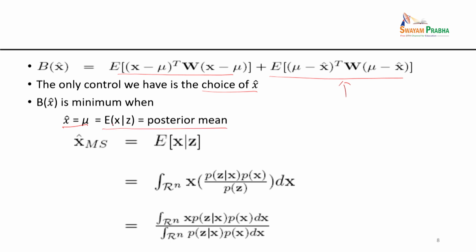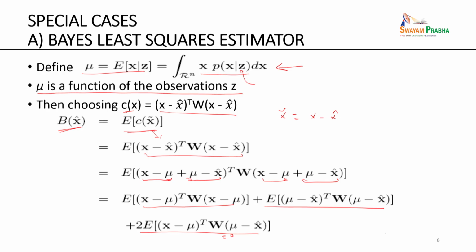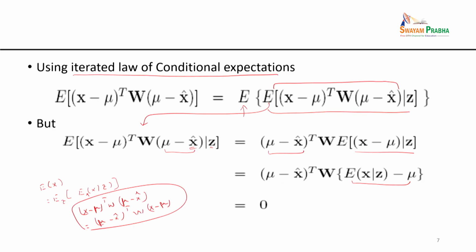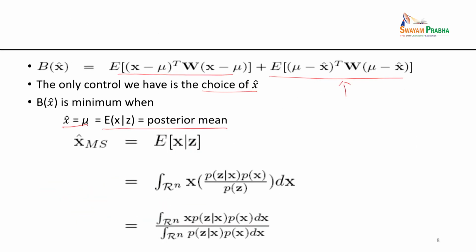Please look at that now. X hat is equal to the expected value of x given z. That's called the posterior mean. Therefore, the Bayesian mean square estimate, x hat MS, since we are trying to do Bayesian least squares, is the conditional mean.